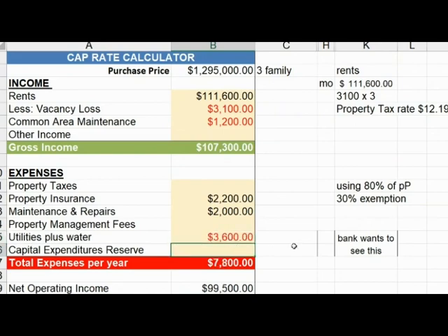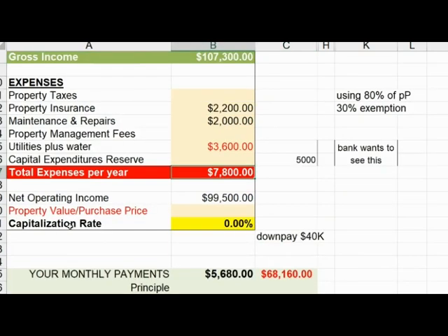Reserve: when you buy this, ideally, you'll have $5,000 sitting in a bank account for emergencies. So I'm not going to count it. I'm going to put it here so that you have that. You do not have to take it out of the rent for your first year. So your expenses are only $7,800, which is pretty fabulous.